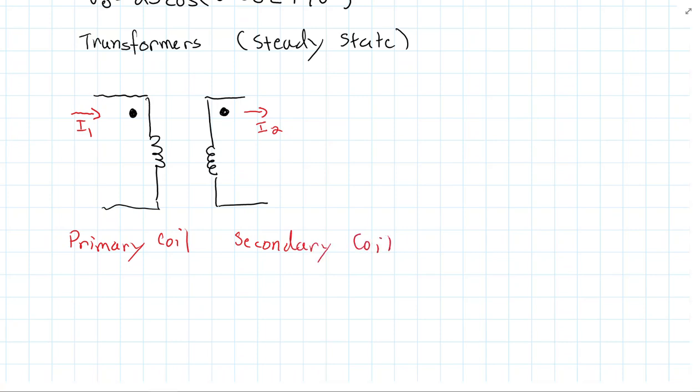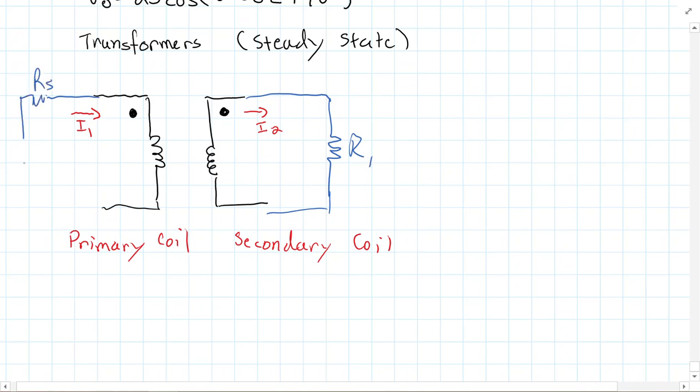Now, I'm going to add in some additional components just so that we have a completed circuit. We're not going to actually analyze this problem, but we want to talk about how we would analyze it. So I'm going to put a resistor here, I'll call this R1, and then this RS, and then a voltage source here.